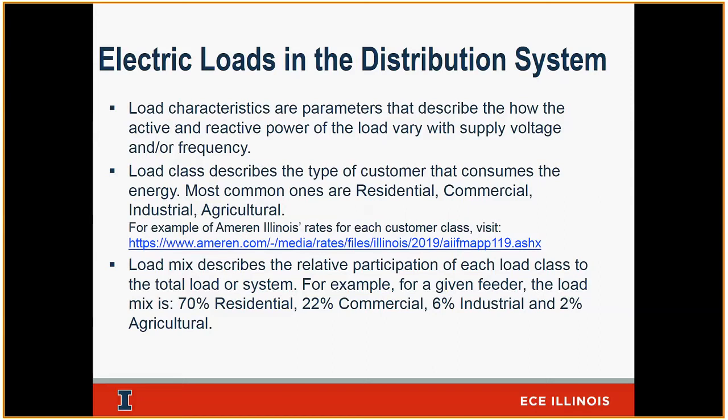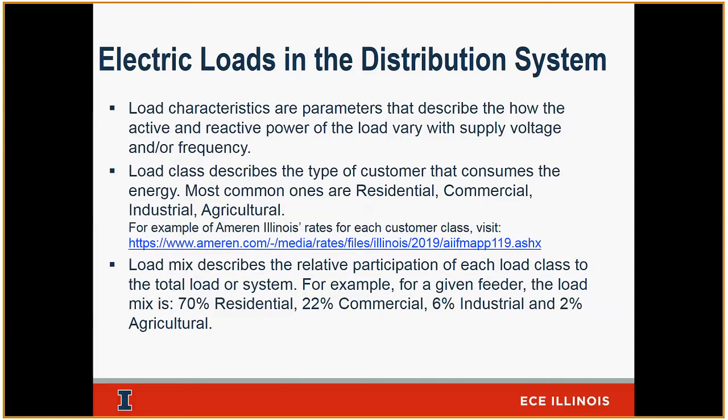We also describe loads in terms of classes, the types of customers. From a distribution perspective, we care about classes, so we can classify the types of loads connected on the distribution system. This is a residential type load because you can probably model those in one specific way. They behave similarly. Industrial loads are a little bit different. Commercial loads are a little bit different.